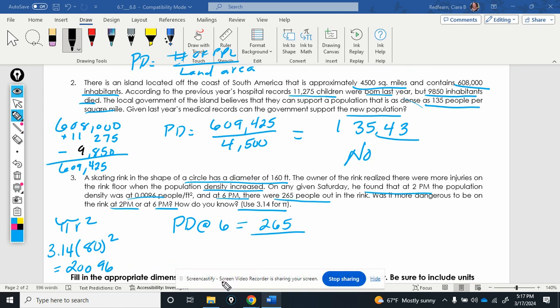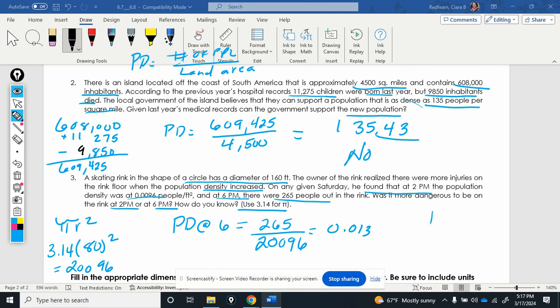So we're going to do 265 divided by 20,096. And when we do that, that gives us a population density of 0.013.